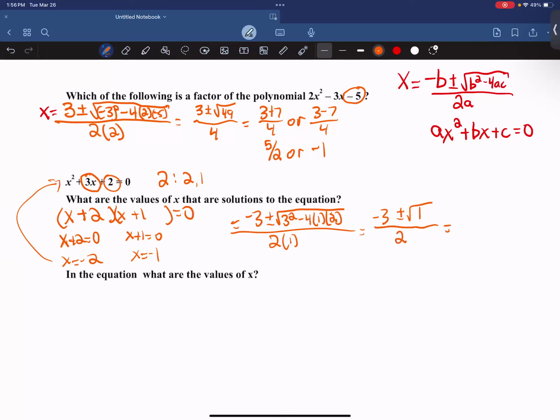Well, what is the square root of 1? The square root of 1 is 1, so negative 3 plus 1, or negative 3 minus 1. So this is going to be negative 2. I've done something wrong.